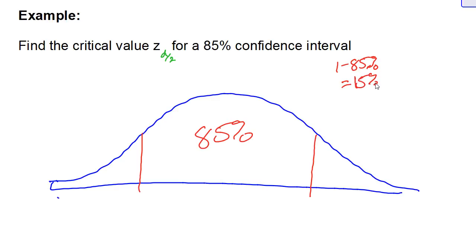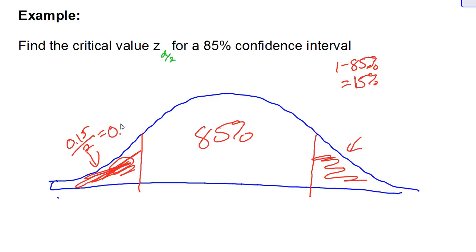Okay, so on each side down here, on these two tails, what's going to be left over is half of that. So 0.15 divided by 2, which is going to give me 0.075 on each side. And so that is what I'm going to look up in the center of my cumulative normal table to get the z-score that I'm going to use.